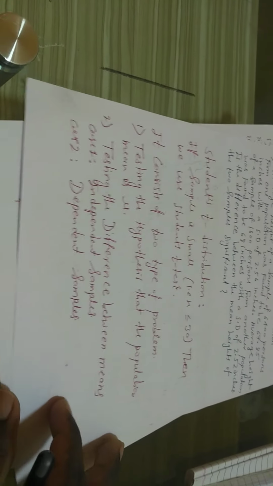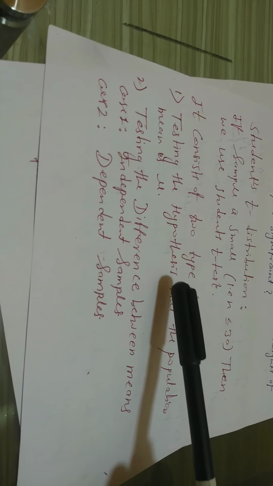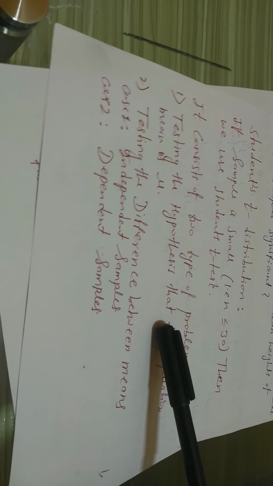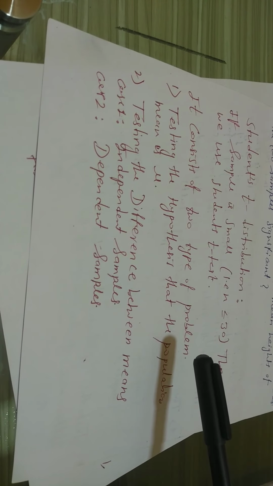The student t-test consists of two types of problems. First, testing the hypothesis that the population mean is mu. Here we are given a sample, and from the sample mean we have to conclude whether the given population mean is correct or not.